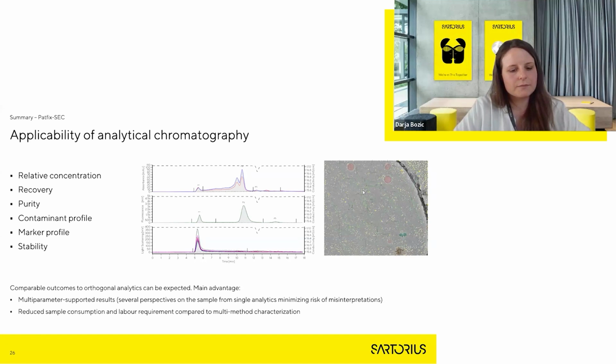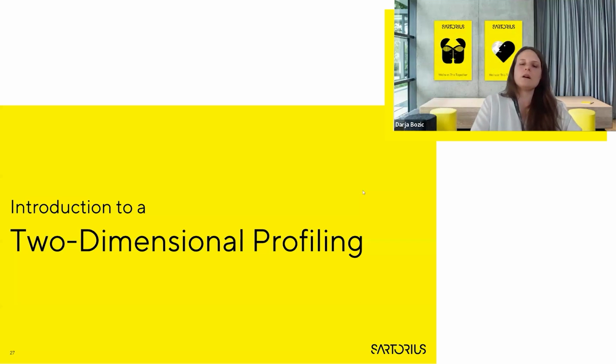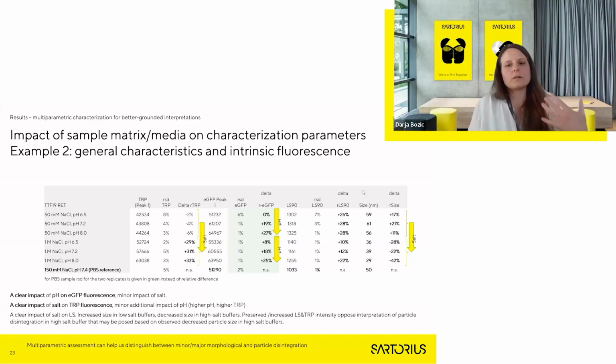Thank you. Another question: how can you distinguish between EVs that shrunk versus degraded? And does shrinking reflect an issue with potency or functionality? Basically, what we find important is taking into consideration the different information from different detectors.